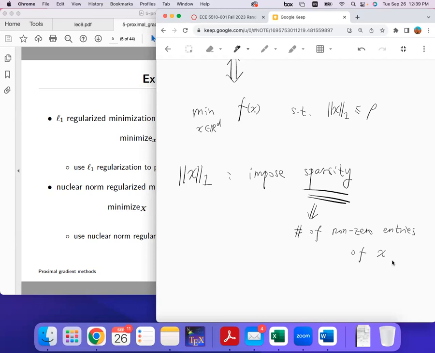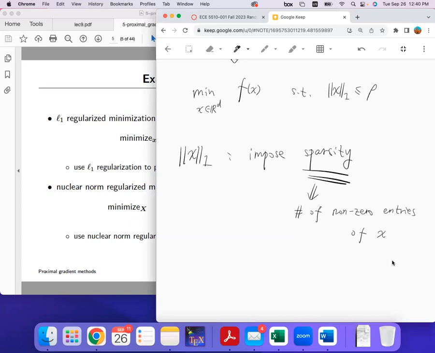For example, if we consider images or many typical signals, they are sparse under a certain representation. For some images, if you take the Fourier transform, they may have a sparse representation. But for images, we have some standard wavelet bases where we can represent images efficiently using a sparse representation.